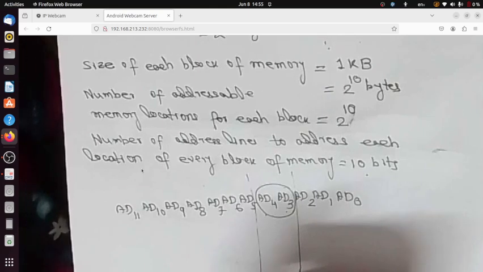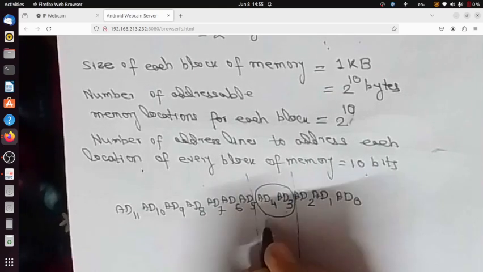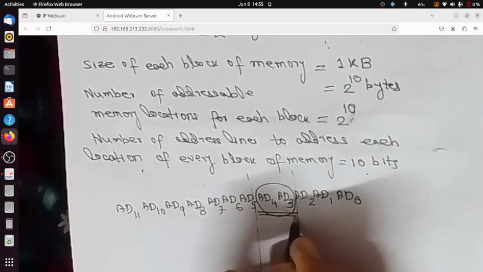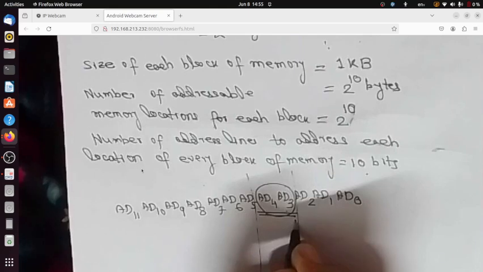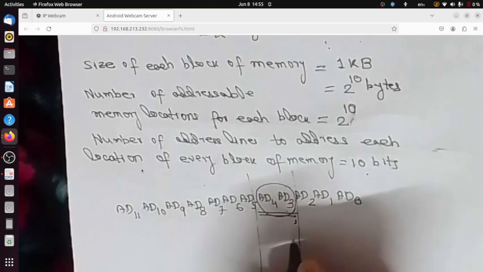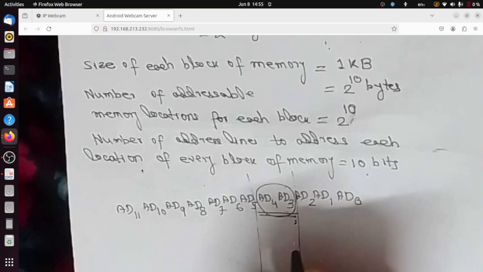Because there are 4 blocks, we need a 2x4 decoder. Based on the value in these input address lines, one output line of the 2x4 decoder will be activated, and that output line is connected to the chip select port of a block, so that block of memory will be selected for accessing.